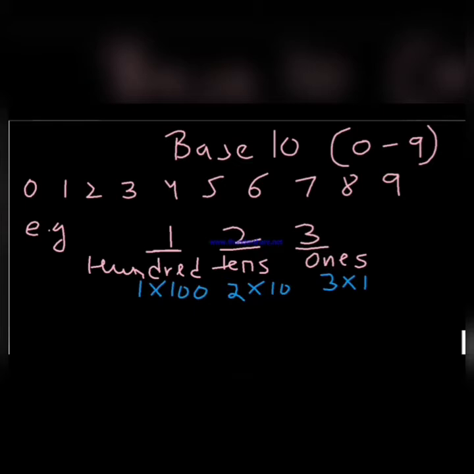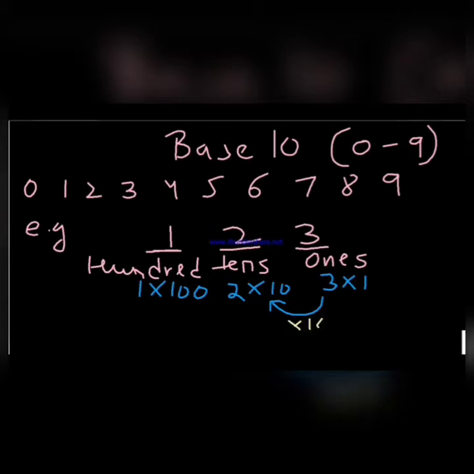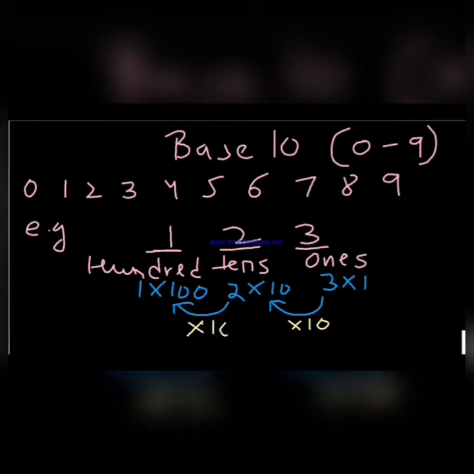This means whenever I jump from right to left, I am multiplying my digits with 10. Again, when I jump from this position to this position, I am again multiplying with 10.